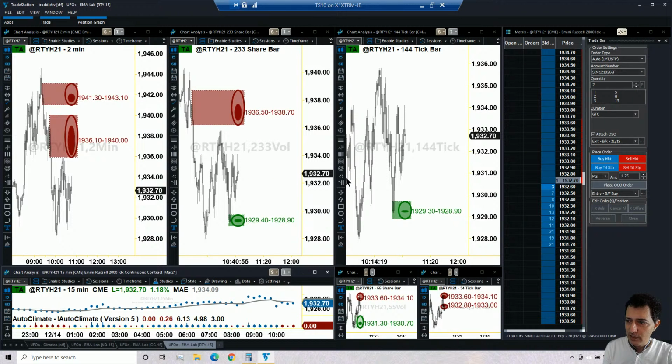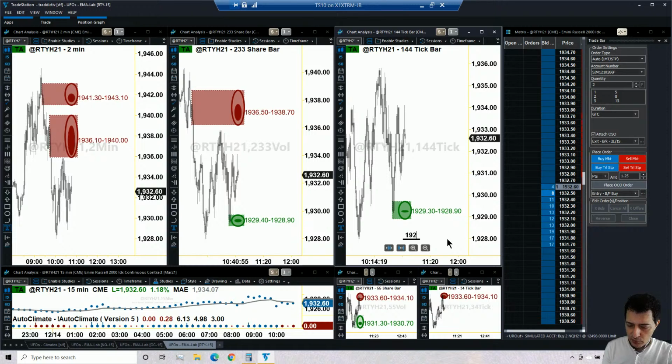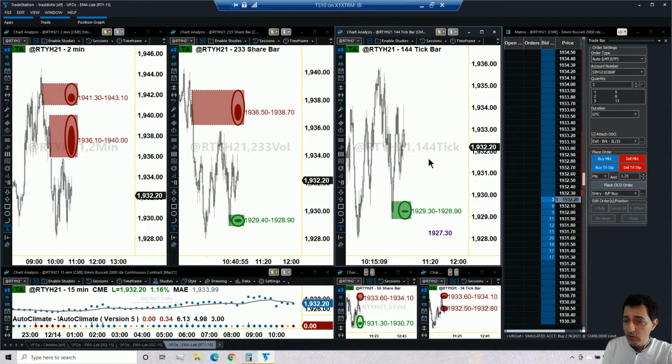Okay, so I'm just going to write it down. 1927.30. Okay, that would be the target, if we were to go short. And again, I don't know if we'll be able to go short or not until we have a UFO and we can evaluate the location of such UFO in relation to where the EMA is.